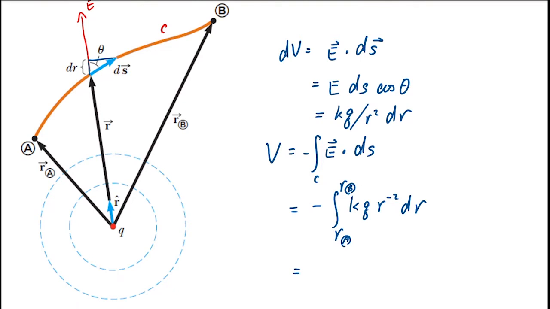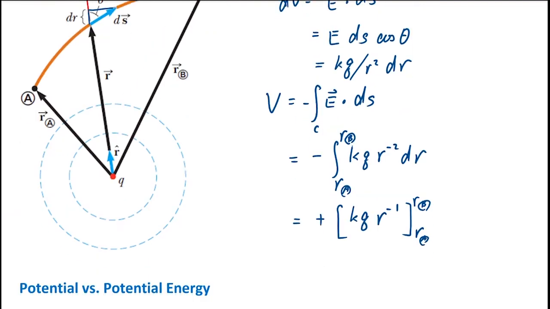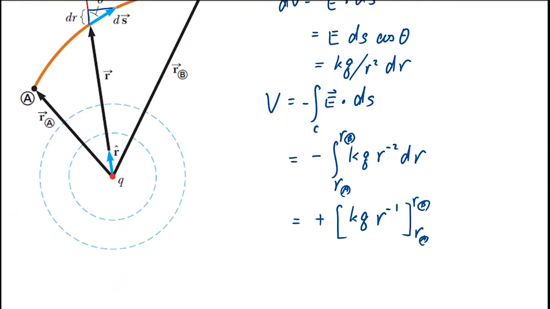Then after this, it's just calculus. We have k, q, and then r to the negative 1. Therefore, we make this positive. Good? Say yes. And then we evaluate this from r at point A to r at point B. Okay.